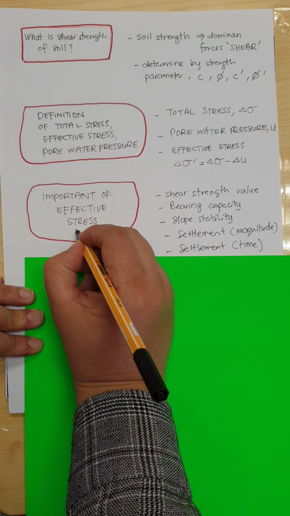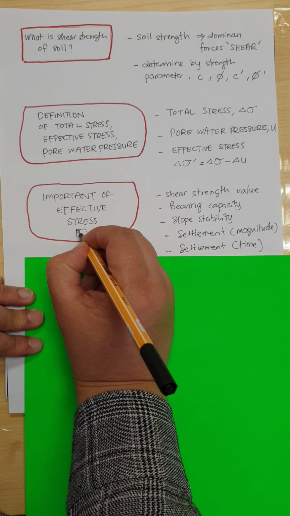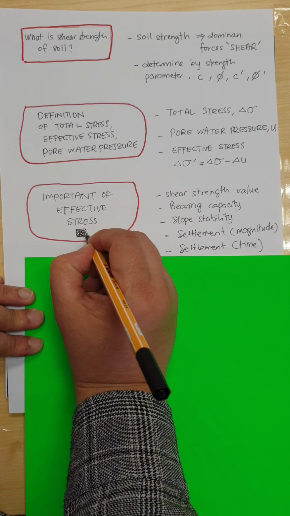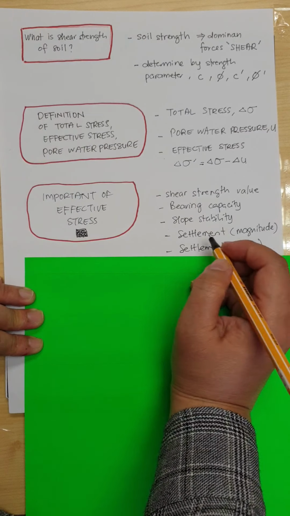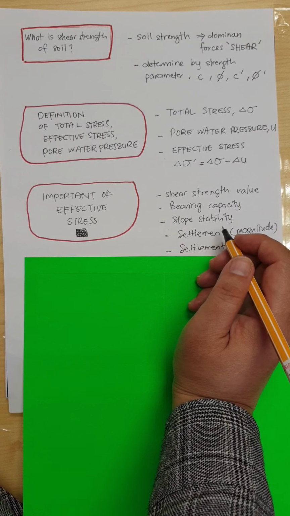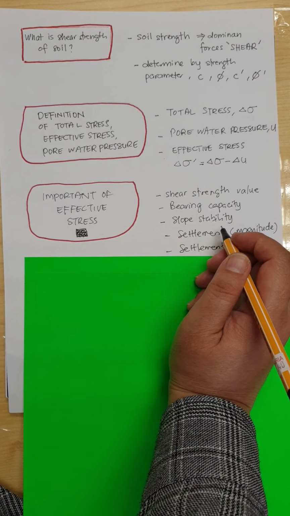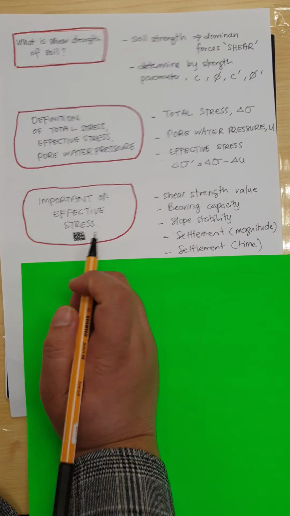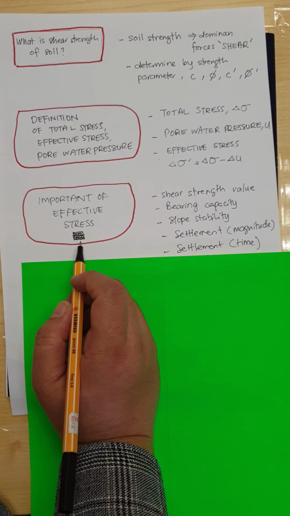Effective stress is when we consider the strength without pore water pressure. So we must remember this one. This is what actually happens on site. What we want on site is to consider the strength value due to effective stress.